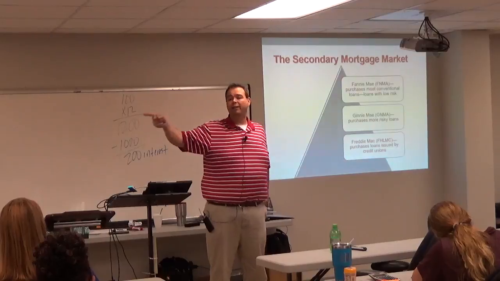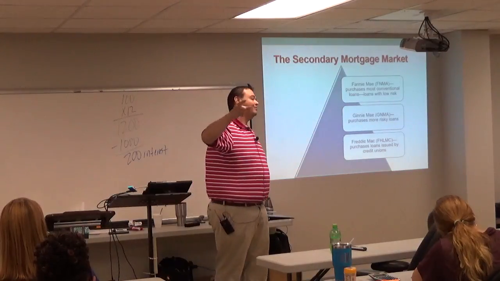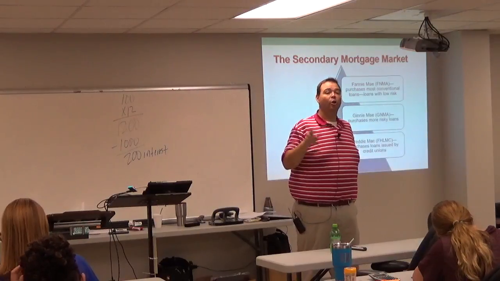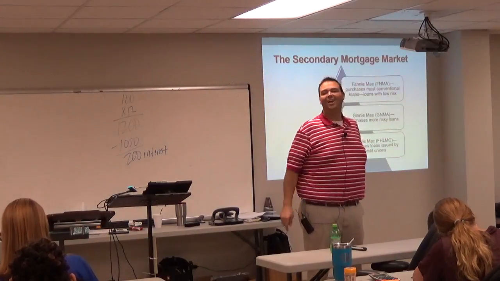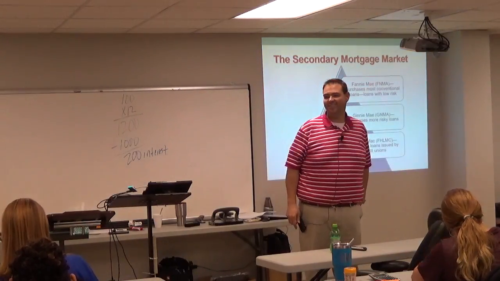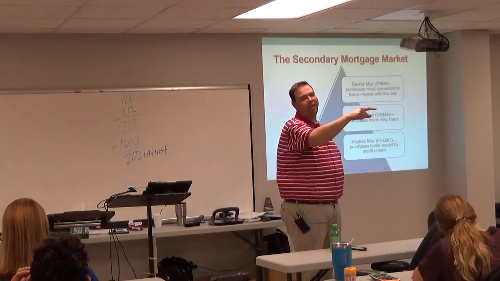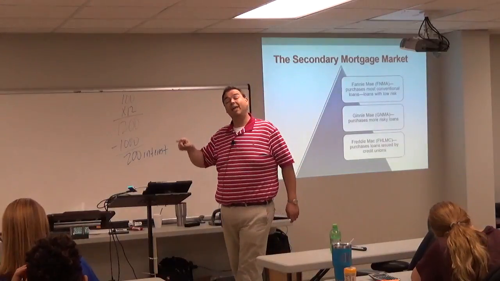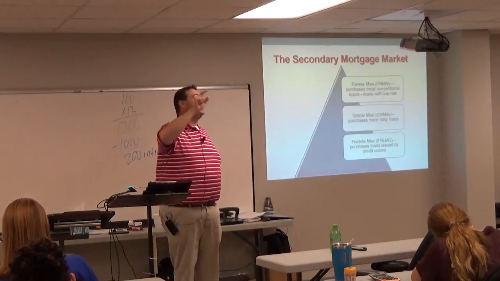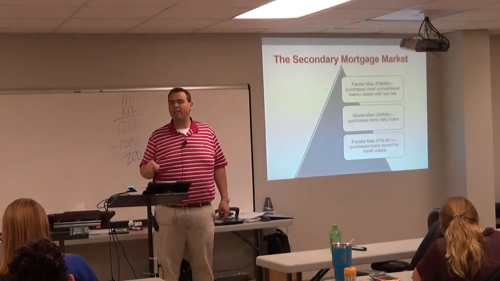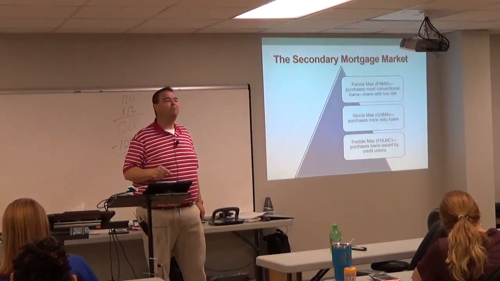Here's what's crazy about it. Fannie Mae won't buy them straight from the bank. But they will buy them from Ginnie Mae. You know why they will? Because they guarantee it. Ginnie Mae puts a guarantee on that loan. Ginnie Mae puts a guarantee that if it defaults, we will pay. And who is we? Who is Ginnie Mae? The federal government.